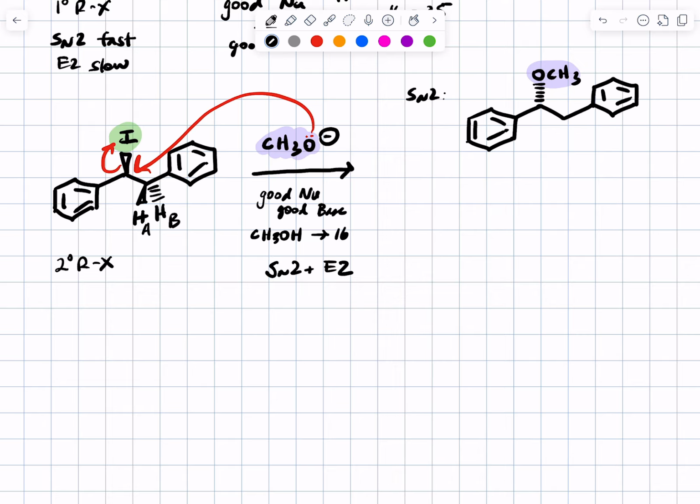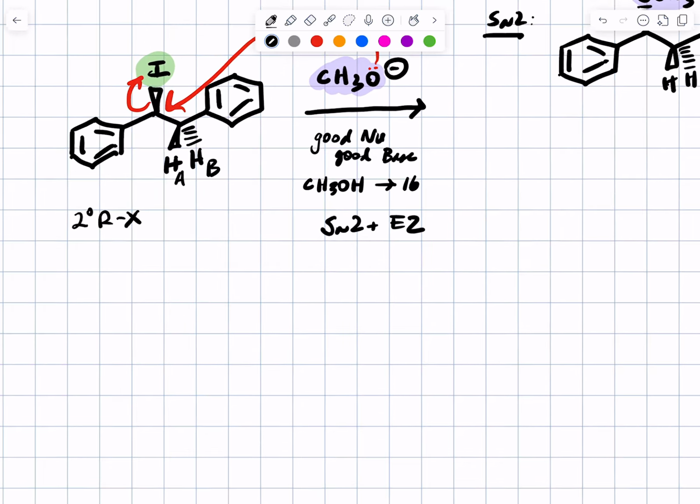And if you had drawn both the products with a dash and a wedge, 2 different products, one with a dash, one with a wedge at this carbon, that would communicate to me that you thought the reaction was SN1. So only if you show one stereoisomer with inversion of configuration do you communicate that you know that that substitution mechanism was SN2. All right, let's deal with the elimination reaction.